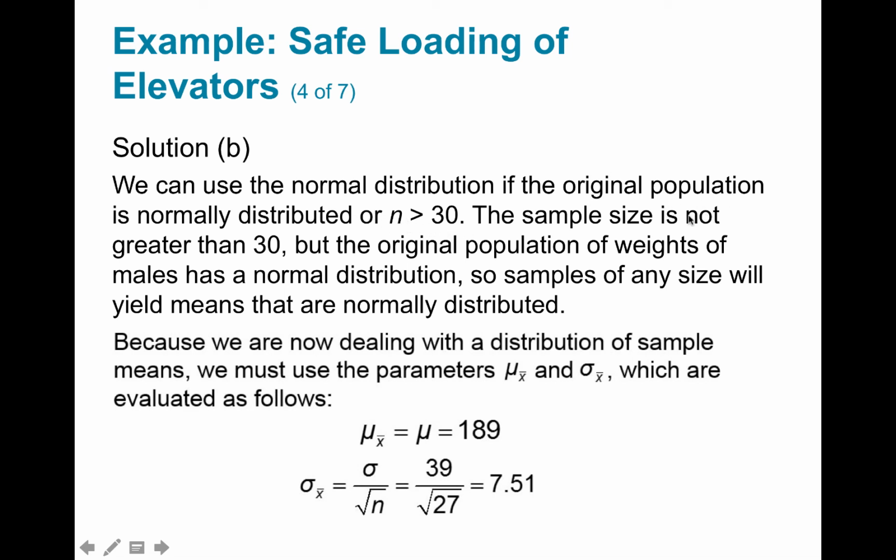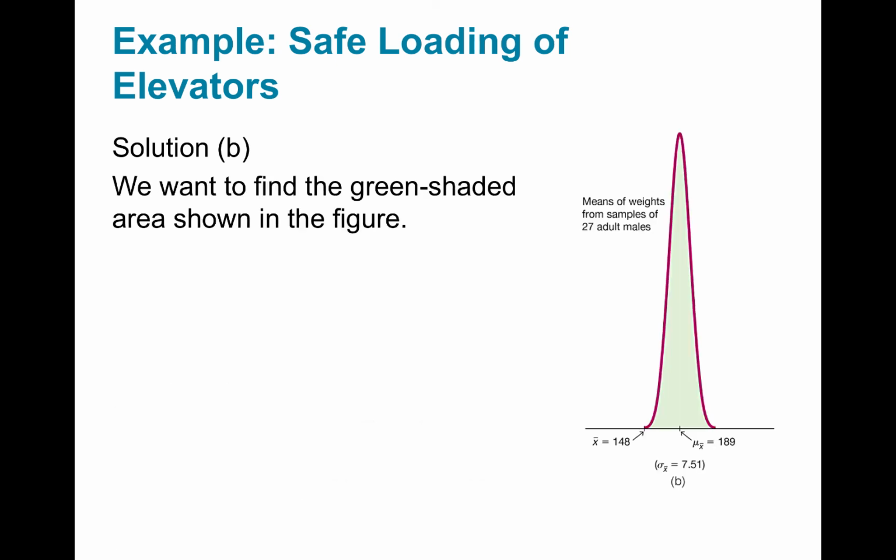Well, the sample size is not bigger than 30, but the original population is normally distributed, so we can use a normal distribution and use the central limit theorem. So the central limit theorem says that our mean for the sample means is going to be 189, the same as the population mean, but our standard deviation of the sample means is going to be this new sigma divided by radical 27, which is this. Notice it's smaller. So a lot smaller standard deviation.